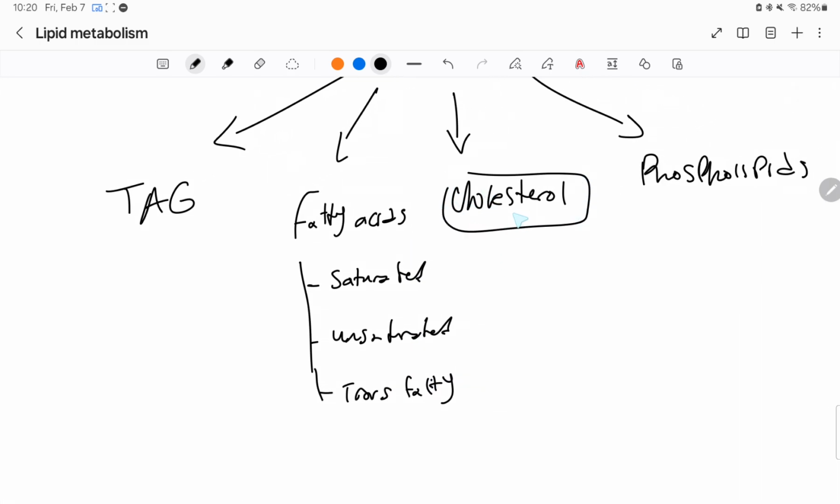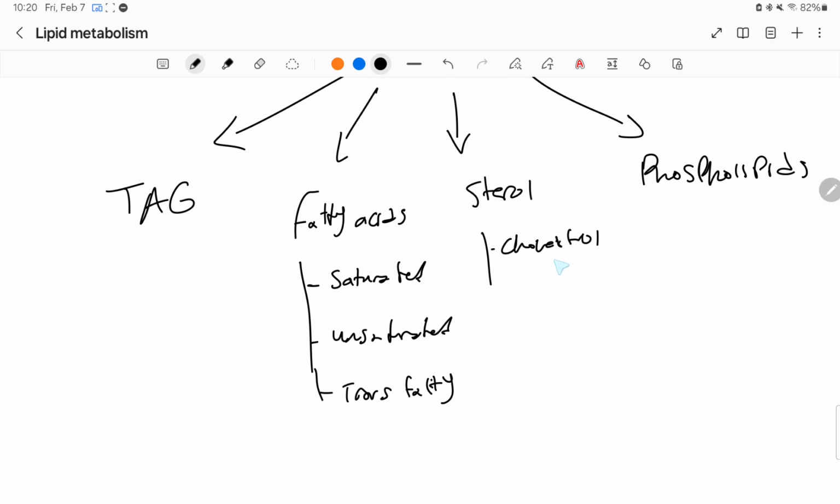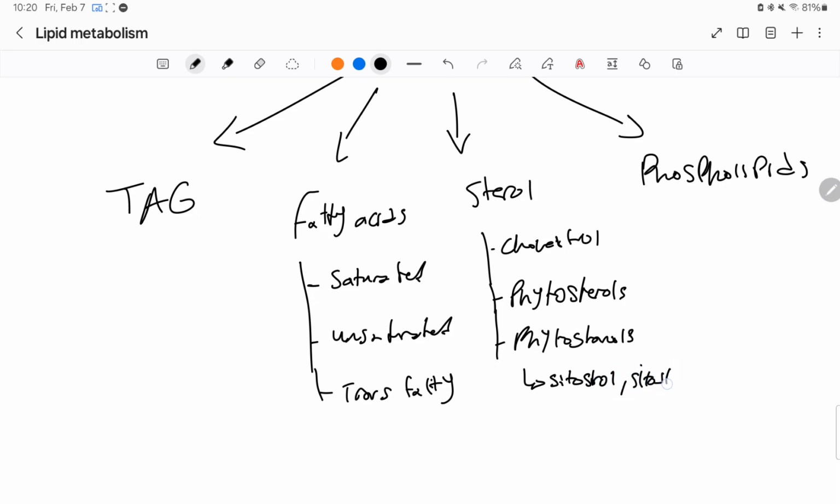Cholesterol is a type of molecule we call sterol. So really, I should write sterol, and then underneath it, cholesterol. This is mainly found in animals. Plants don't make this. Plants actually make other things called phytosterols, and they also make phytostanols. The most common ones in human diets are things like sitosterol as well as sitostanol.